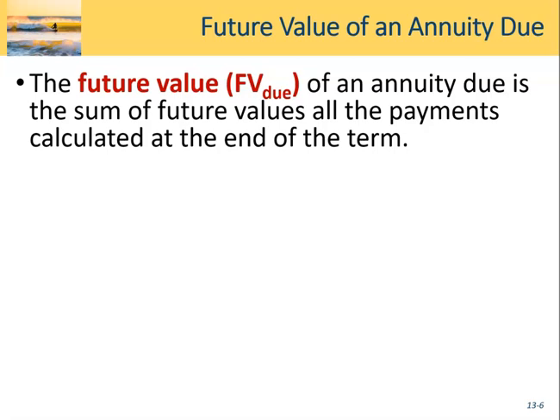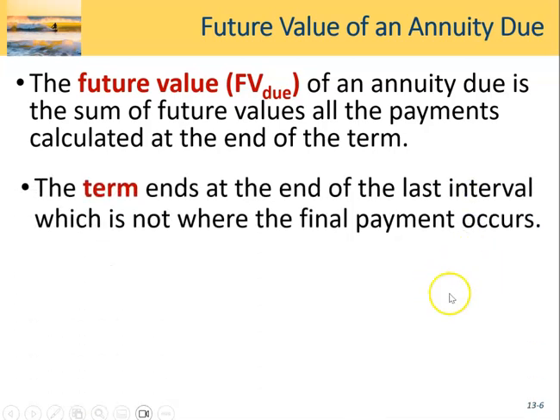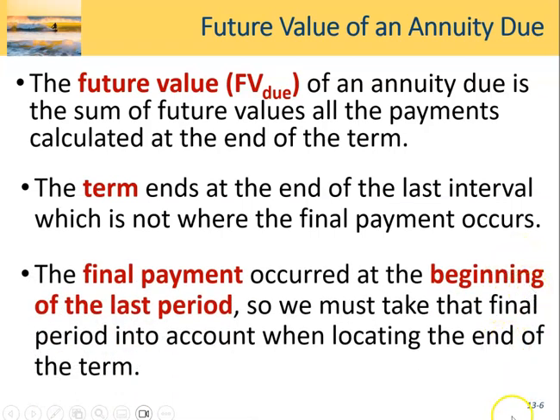So let's look at future value. So future value due. So the future value of an annuity due is the sum of future values of all the payments calculated at the end of the term. The term ends at the end of the last interval, which is not where the final payment occurs. Okay, so the final payment occurs at the beginning of the last period.